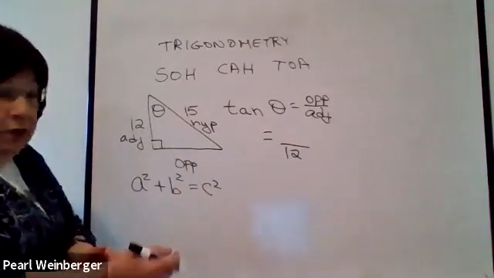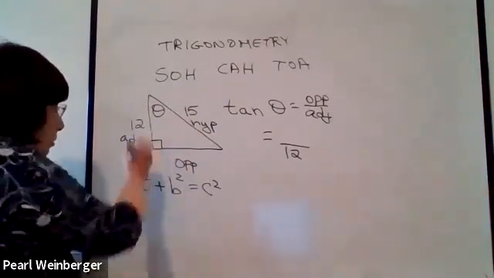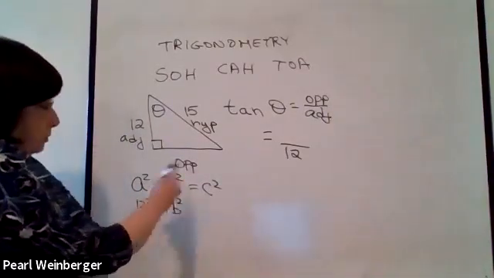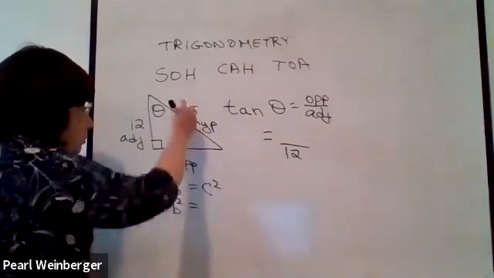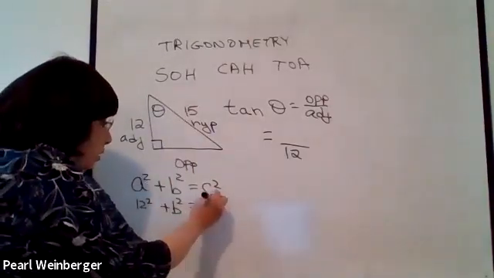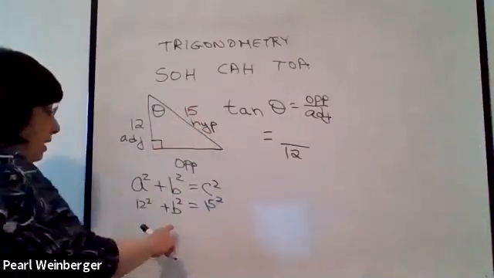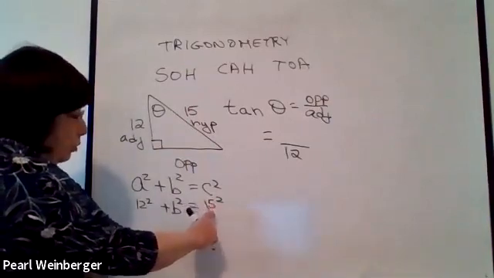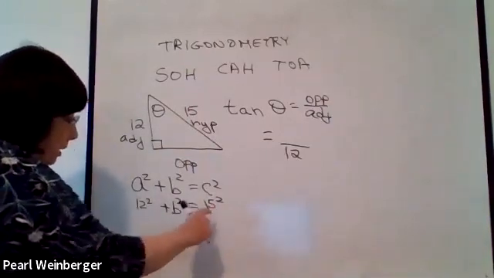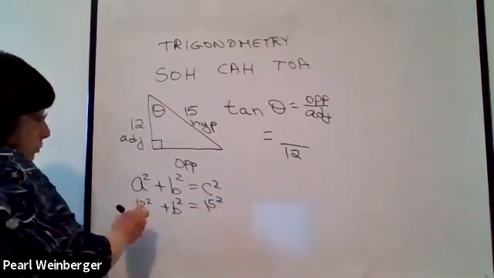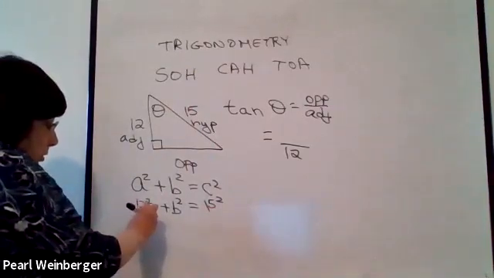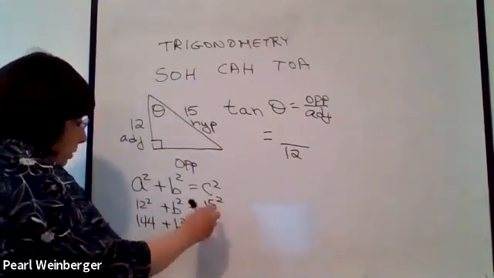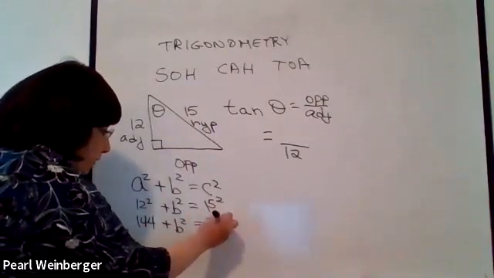I don't have it. So I'm going to do a squared, which is 12 squared, plus b squared, which I don't know, equals c squared. Remember, the c is always the hypotenuse. So you could switch these two, but the hypotenuse always has to go over here on the other side. Okay. 12 squared is 144. B squared we don't know. And 15 squared is 225.